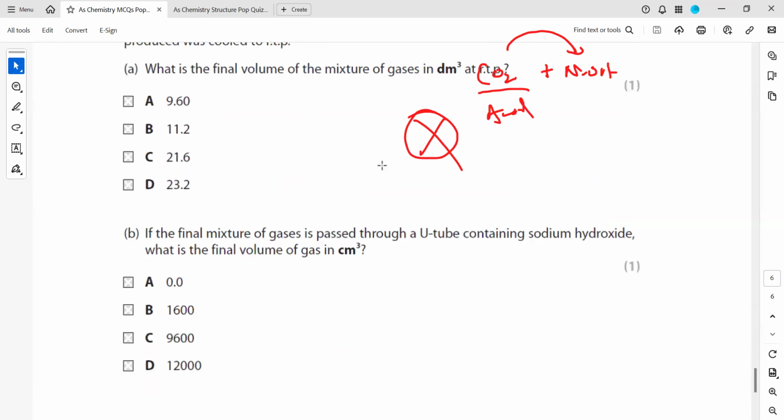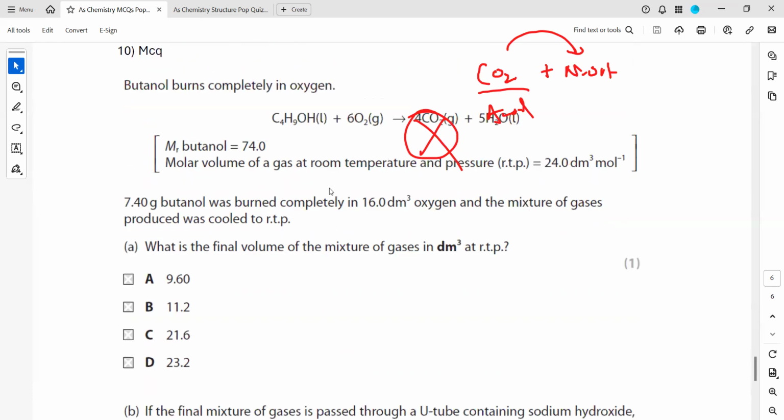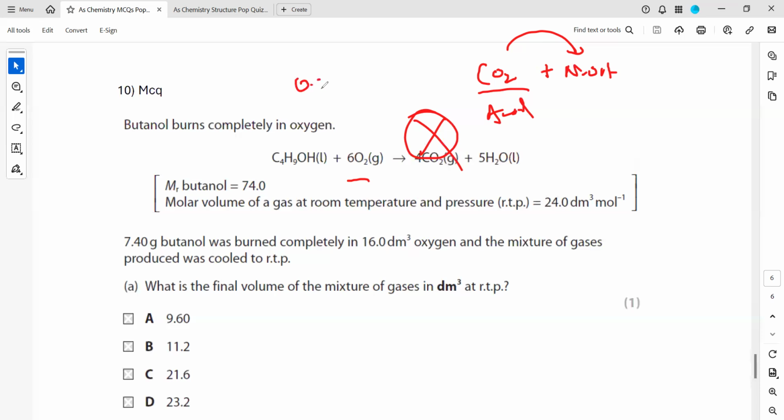How many moles of oxygen? The moles of oxygen which were left unreacted were 0.0666 recurring. And the carbon dioxide moles were 0.4, but all of these moles of carbon dioxide are removed as it reacted with sodium hydroxide.